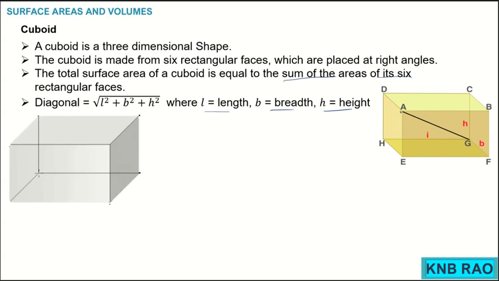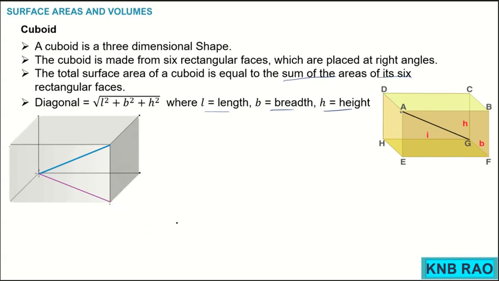See children, this is a cuboid and here is the diagonal. How can I find the length of this diagonal? I can find it by using the diagonal of the base. Why do I have to take the diagonal of the base?